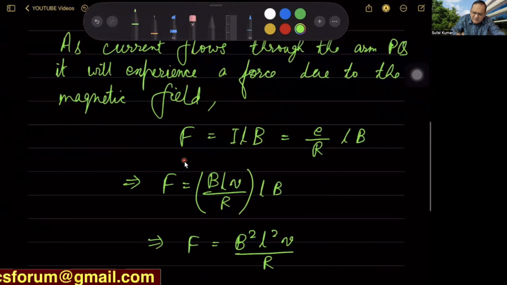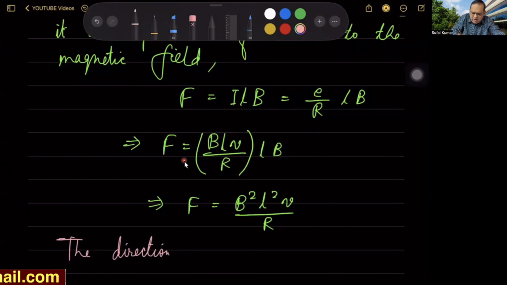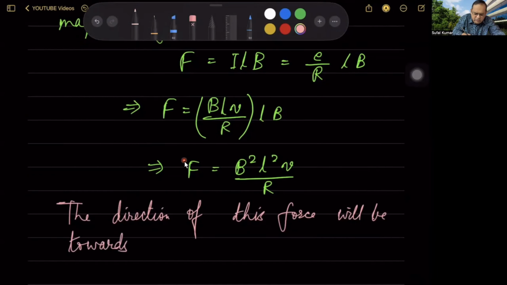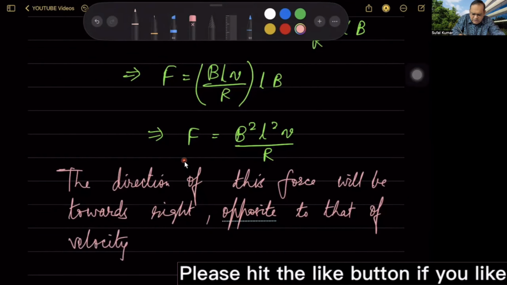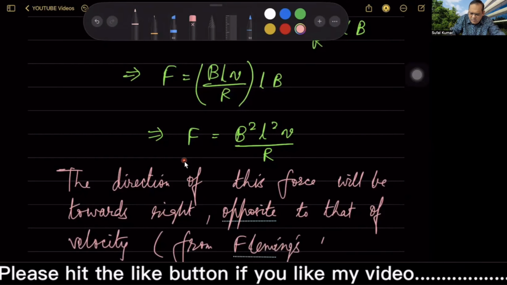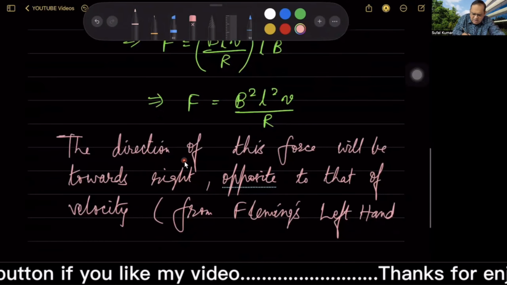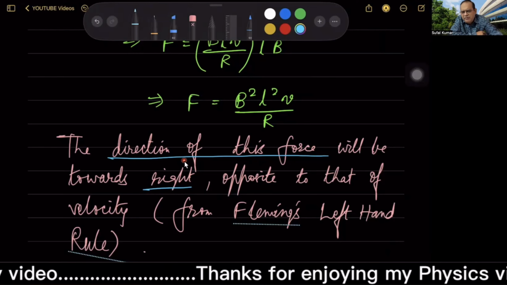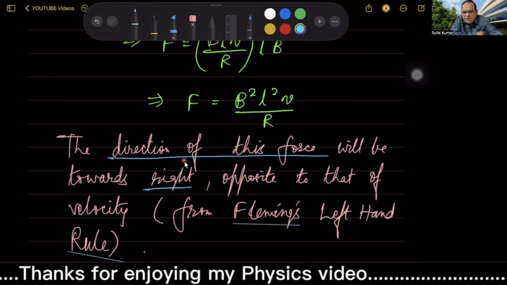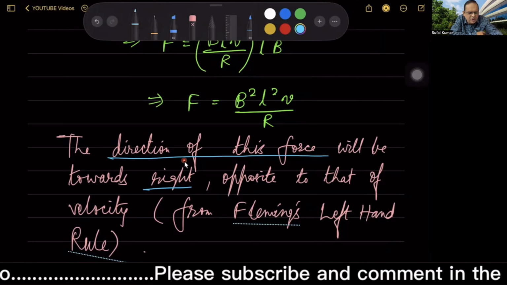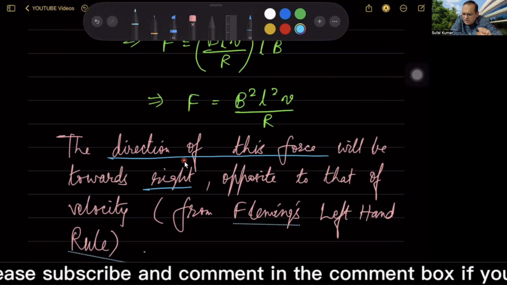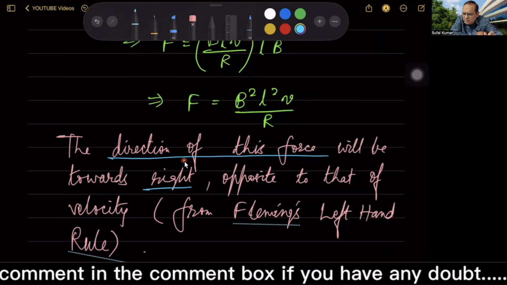So I must specify this point. Direction of this force will be towards right, opposite to that of velocity, from Fleming's left hand rule. Remember, while finding out the direction of this magnetic force, induced current was not in the picture. That's why we didn't apply Fleming's right hand rule.